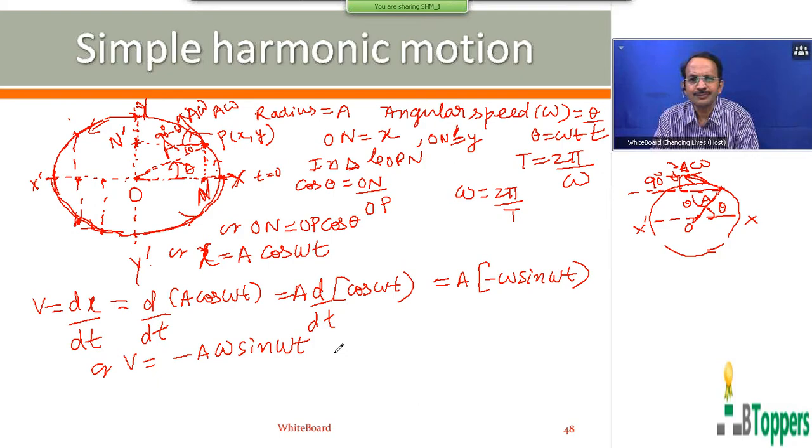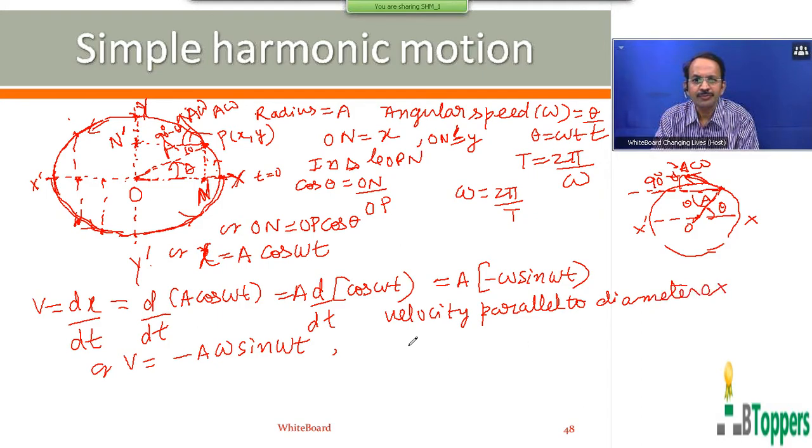So the component of velocity of the particle moving in the circular path parallel to the diameter x dash x is equal to a omega cos of 90 minus theta.